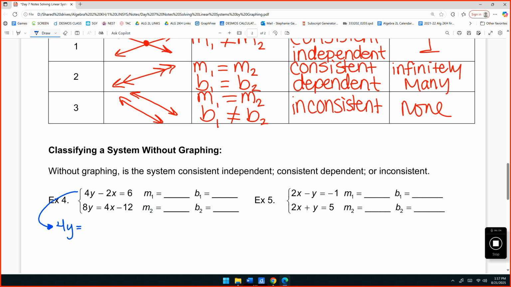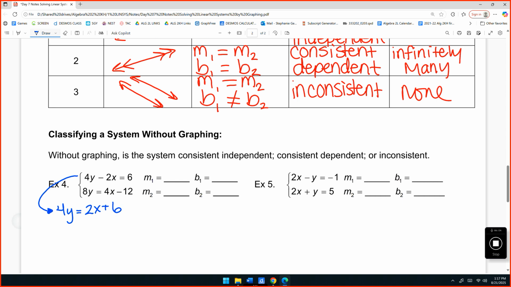So y equals 1/2 x plus 6 over 4, which is 3 over 2. So our m1 is 1/2, and our b1 is 3 over 2.